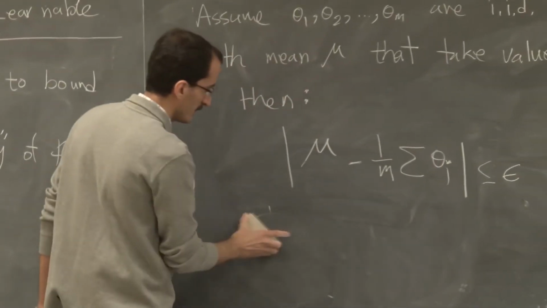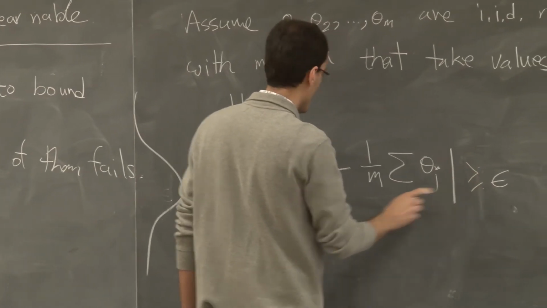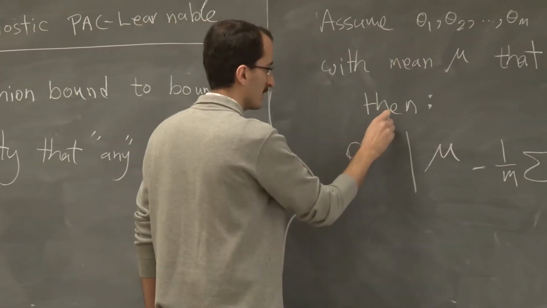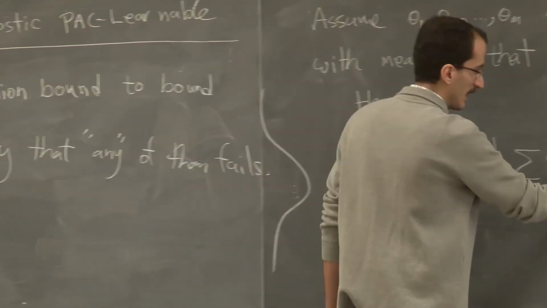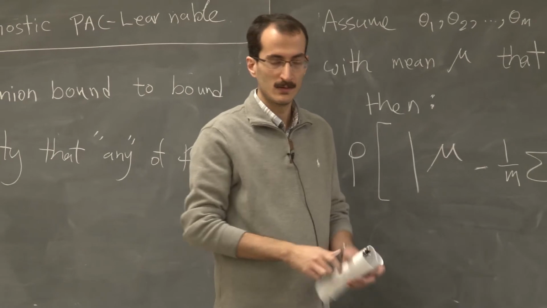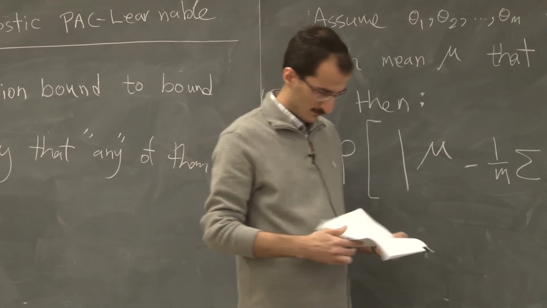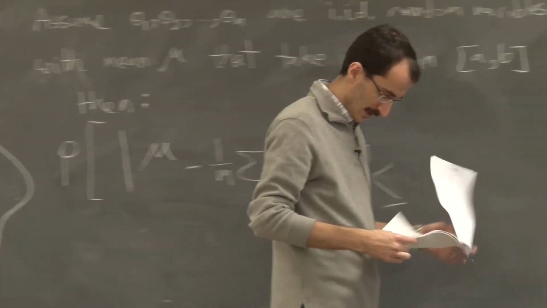So that's why we always have these probabilistic statements. The probability that they are far apart is small. The probability that this happens is small. I don't remember the bound here.